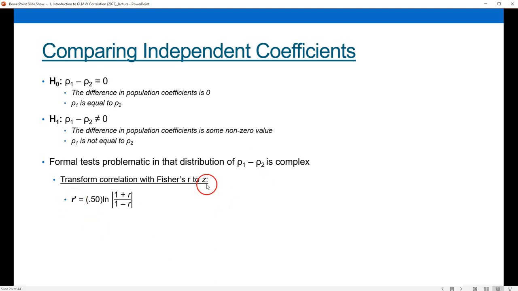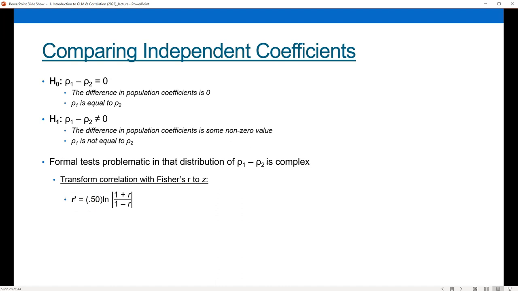You can think of this as kind of the z, we call it r prime. But basically what I'm doing is taking whatever my Pearson correlation is, I take 1 plus my correlation over 1 minus my correlation, take the natural log of that value and multiply it by 0.5, okay? If I do that, what I'm going to get is a slightly different value, which is going to be my r prime, okay?